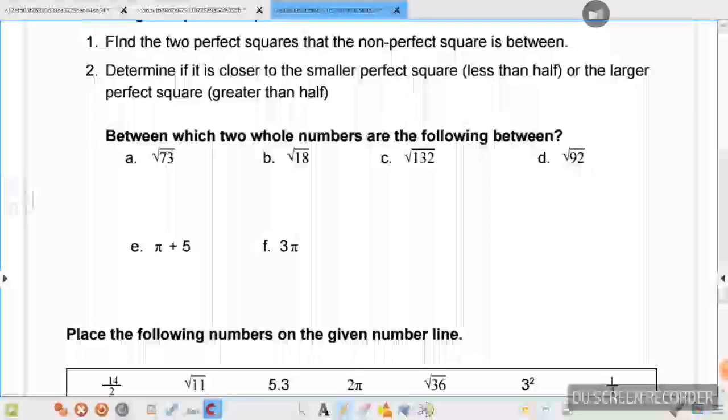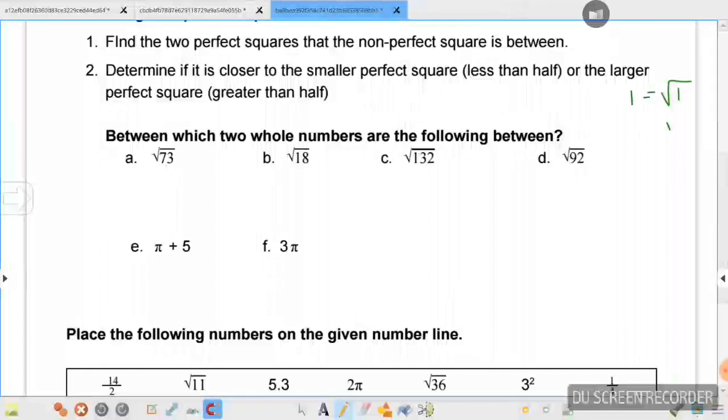So the square root of 1 is 1. Square root of 4 is 2. Square root of 9 is 3.